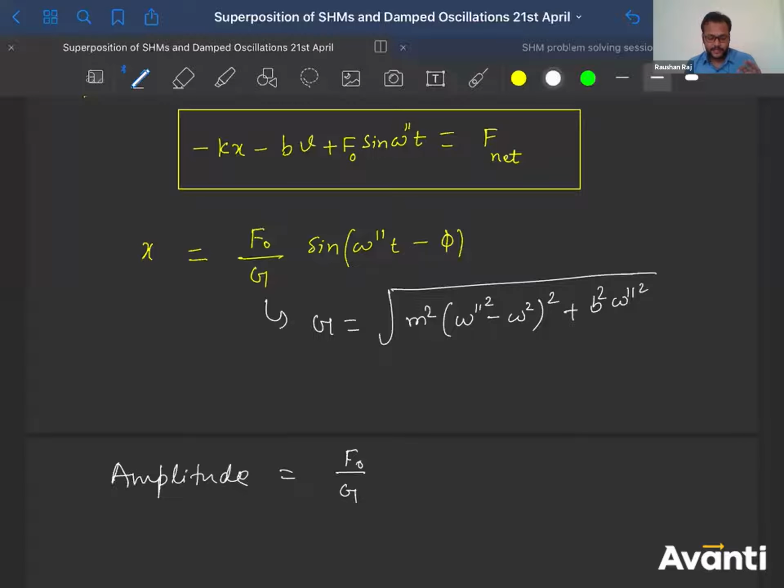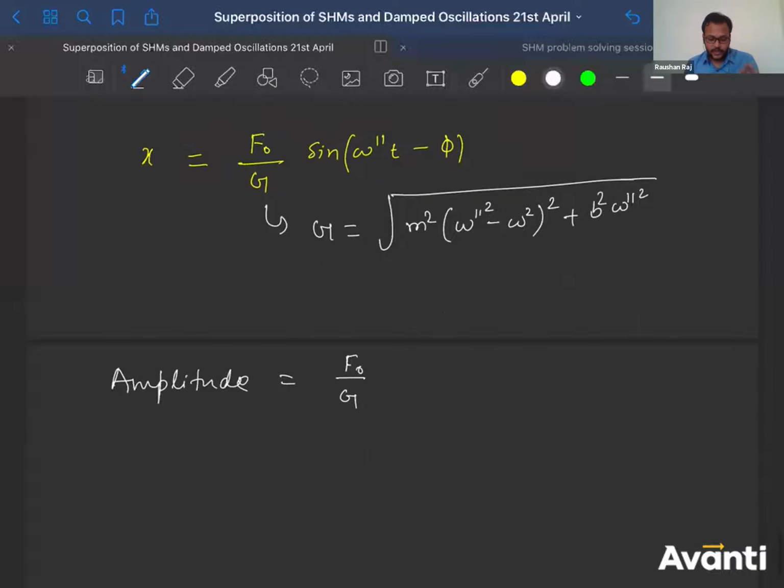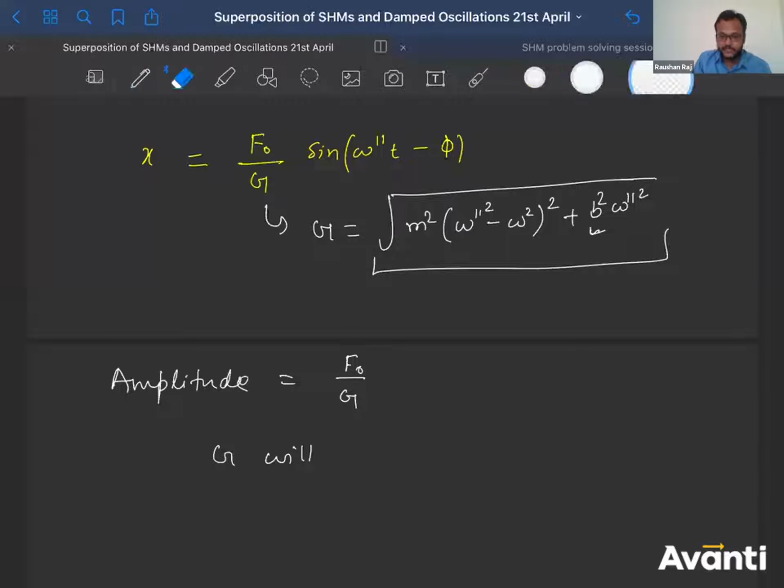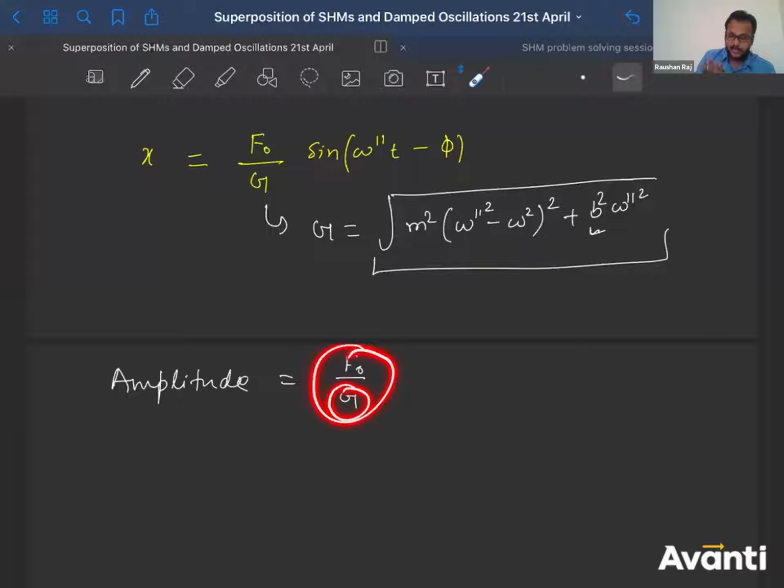Now here, what we have to analyze is what if b is very, very small, or what if G becomes very, very less, that means G will be minimum. If G becomes very less, this amplitude will become very, very high, correct? So if G is very less, amplitude will be very high, a very large value.